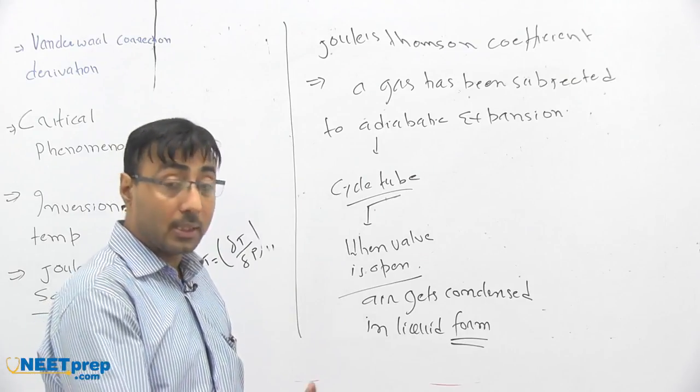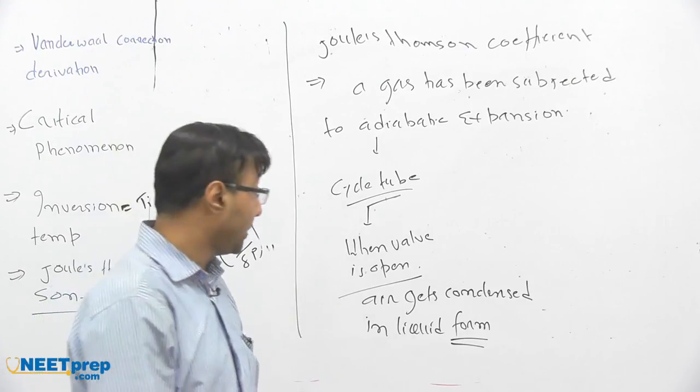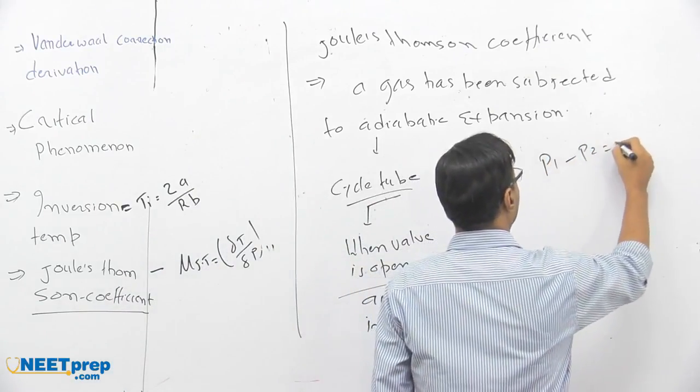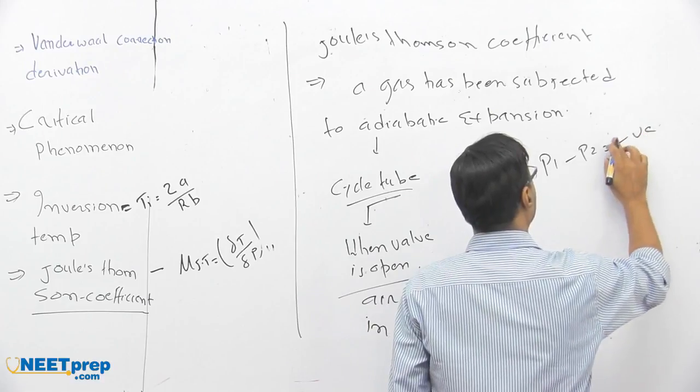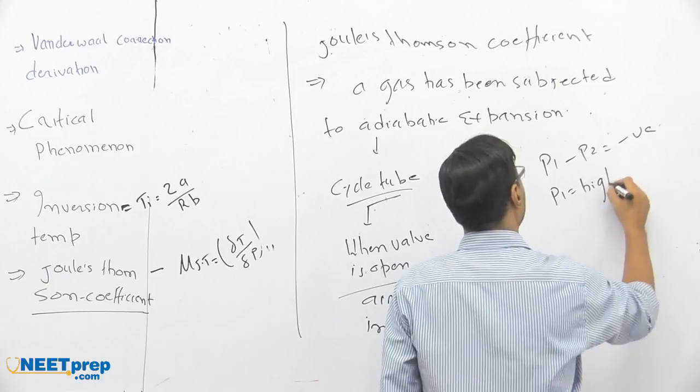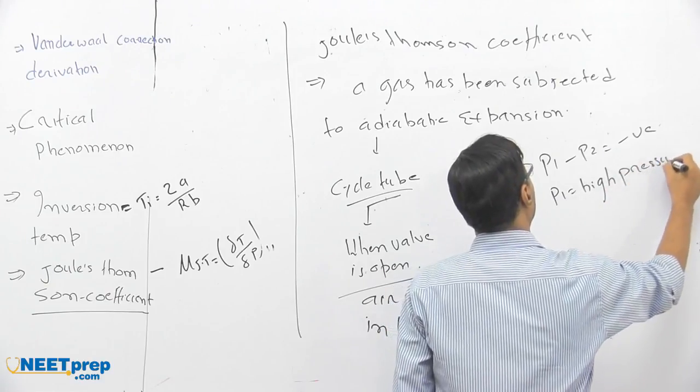So what is happening? Air is coming out from very high pressure to low pressure. So P1 minus P2 is negative. P1 is high pressure, P2 is low pressure.